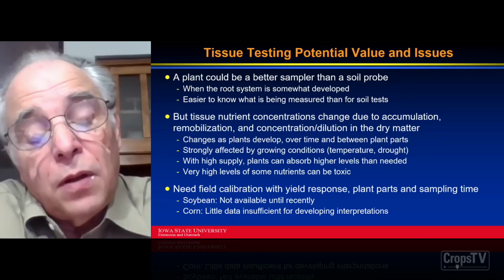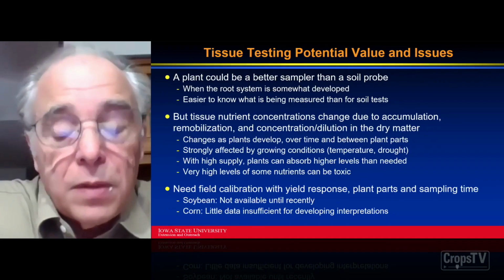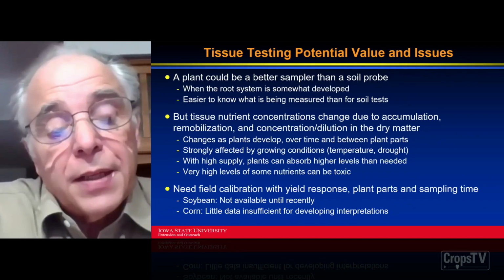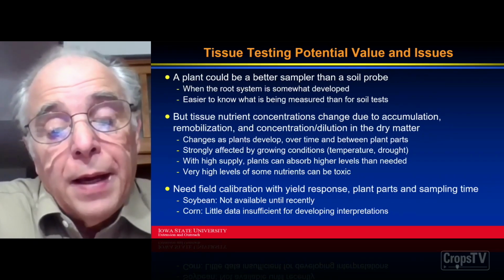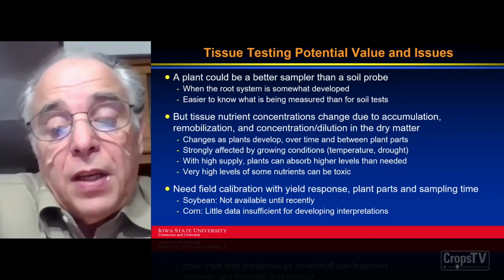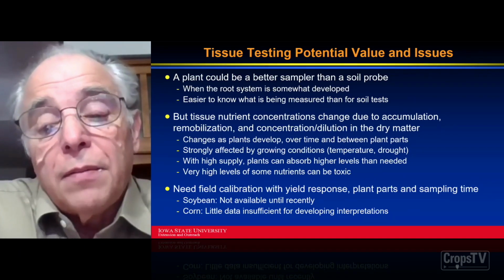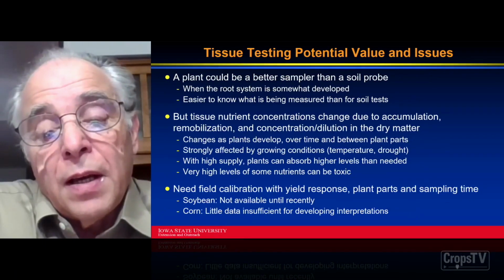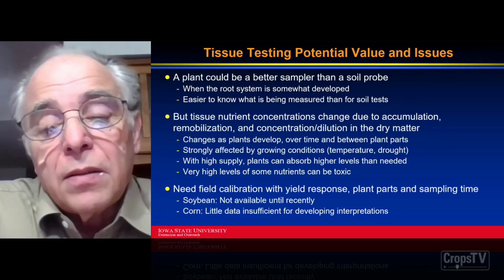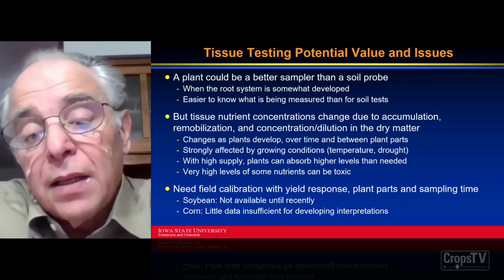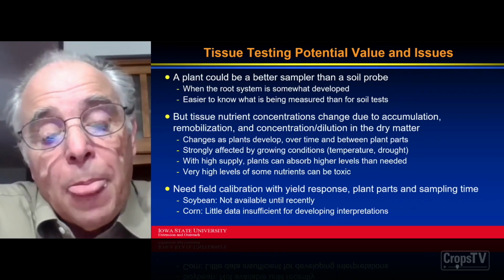And so because of all these things, we are in the same boat as we are with soil sampling and testing. We need field calibration with yield response in order to see how the nutrient concentrations in different plant parts at different times relate to nutrient sufficiency and the potential yield response.